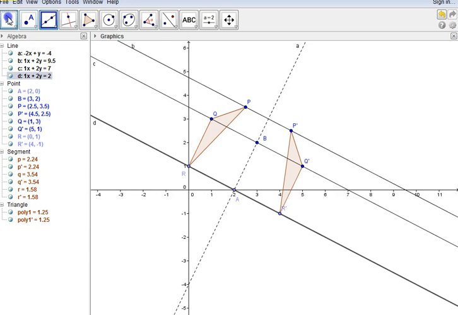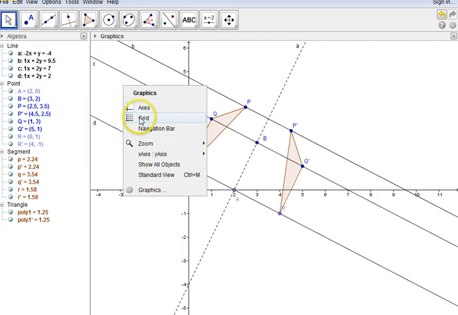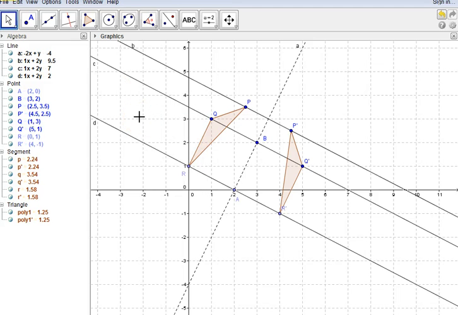Let's put the grid back on. And you're being asked to calculate, using the x and y values for P and the x and y values for P prime, what the slope is for line P, P prime. You're also being asked to do that for Q and Q prime.